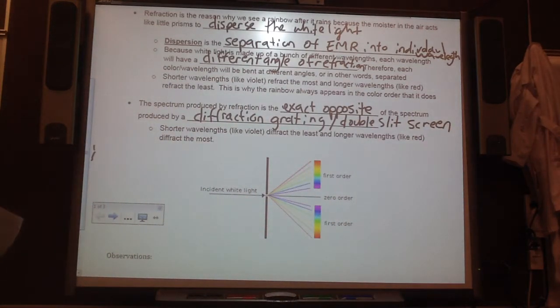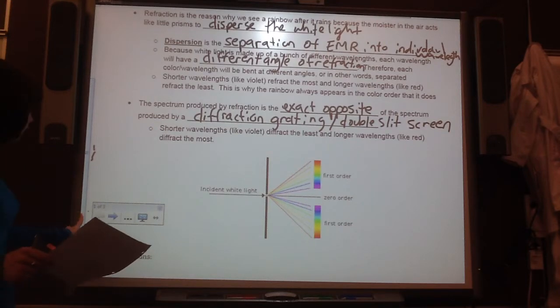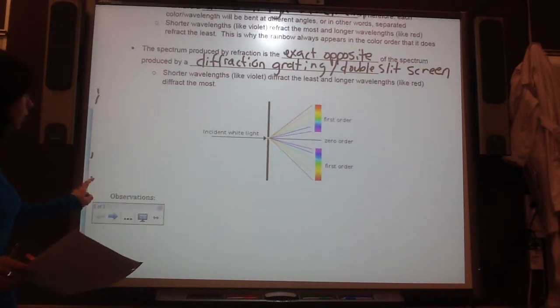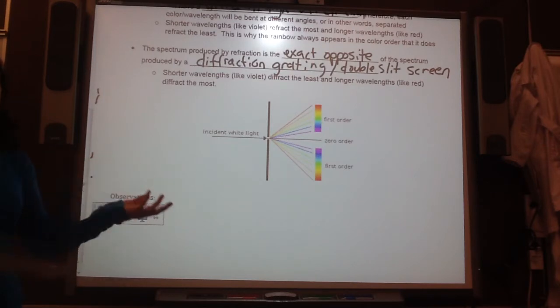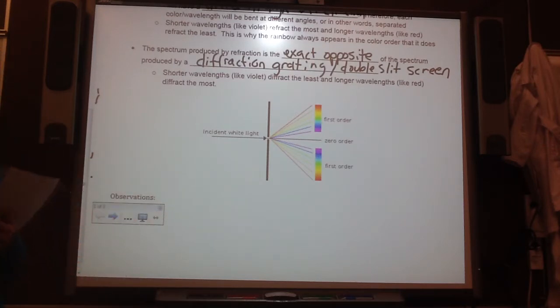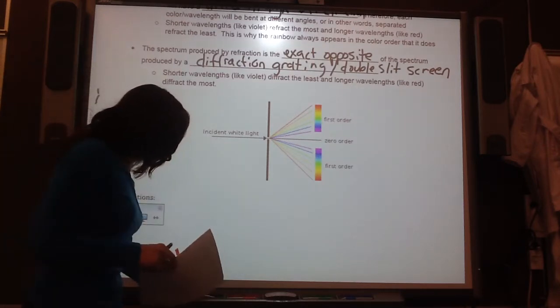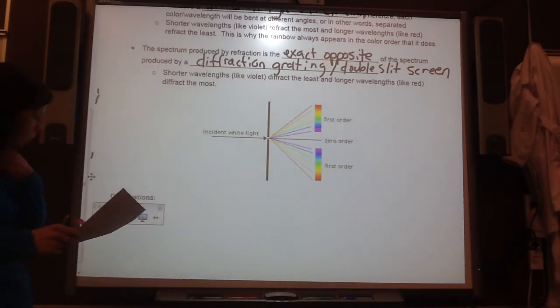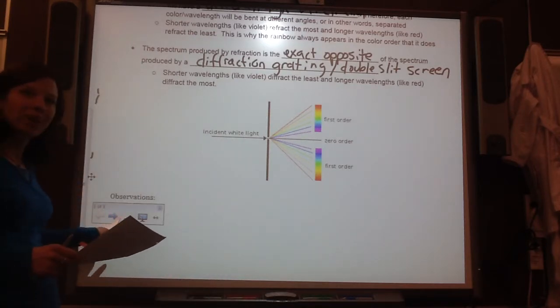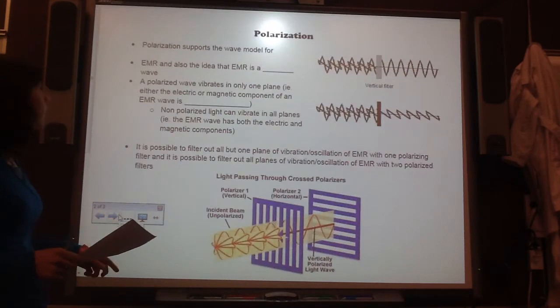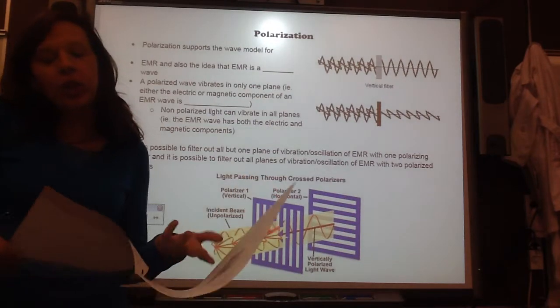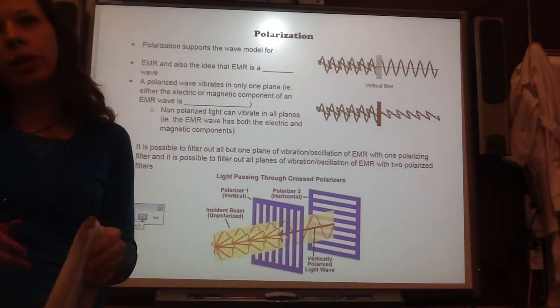Shorter wavelengths like violet diffract the least, and longer wavelengths like red diffract the most. I'd left a spot for observations, but we did that in your sheet, so we can skip that. We are just comparing those two concepts that we've already reviewed.